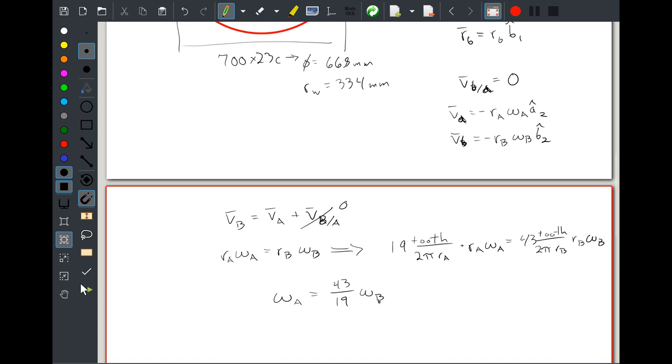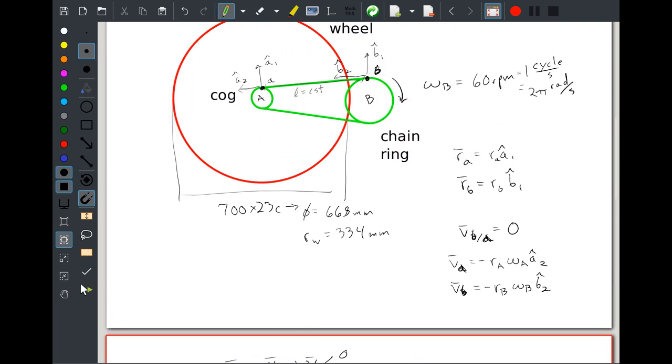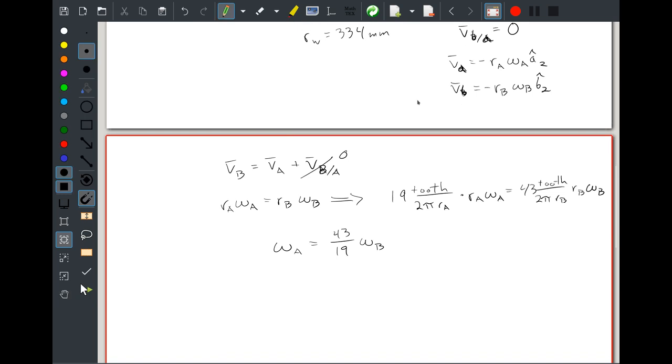And they both have to be spinning in the same direction. If the chain ring is rolling forward, as drawn here, then the cog is also rolling forward. It would be a little strange to pedal backwards to get forward.